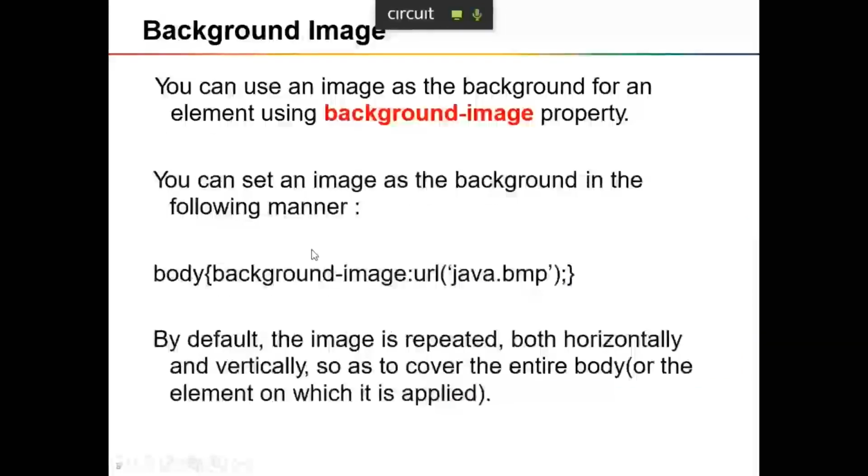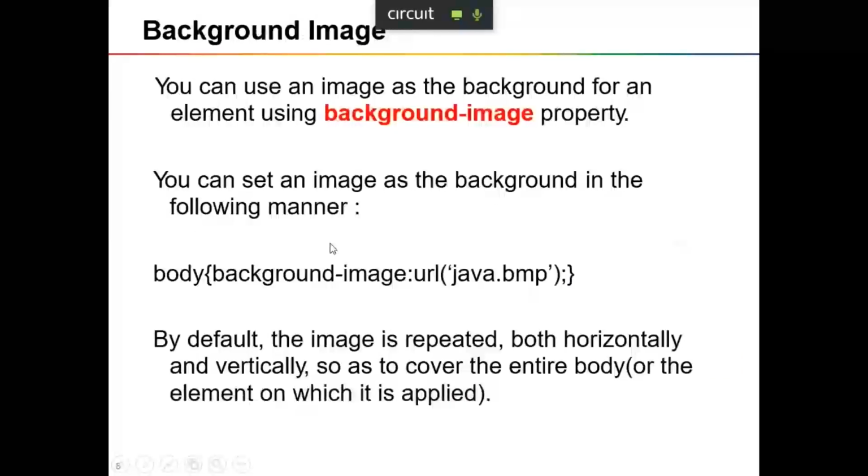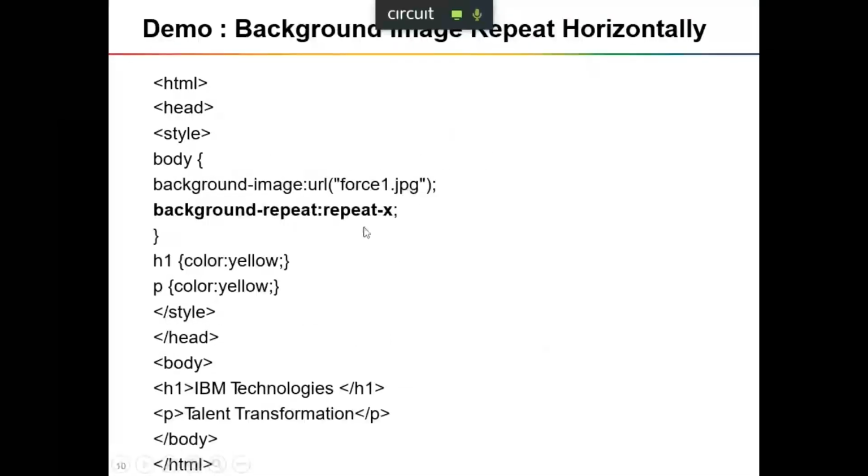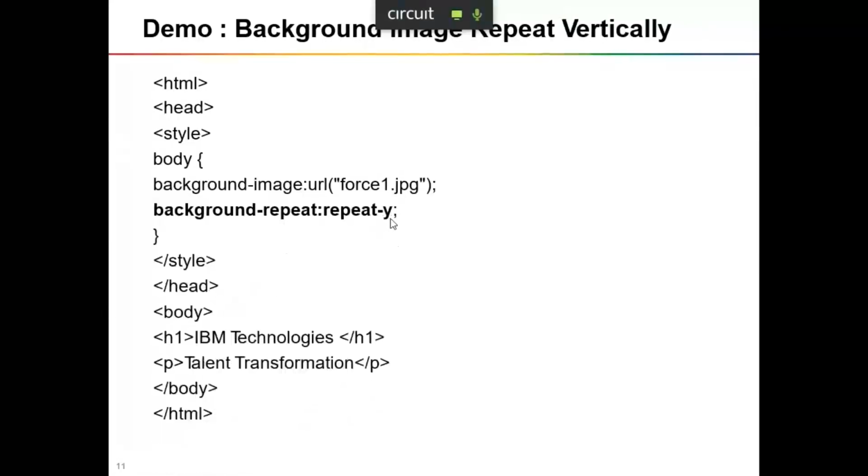Same thing with background image. If you want to implement a background image, you can use background repeat X, so that the image will be repeated on the X-axis. If you use repeat Y, the image will be repeated on the Y-axis, right? If you don't want to repeat, then no repeat.